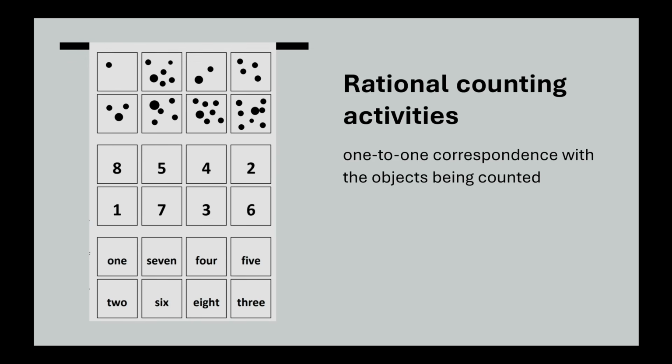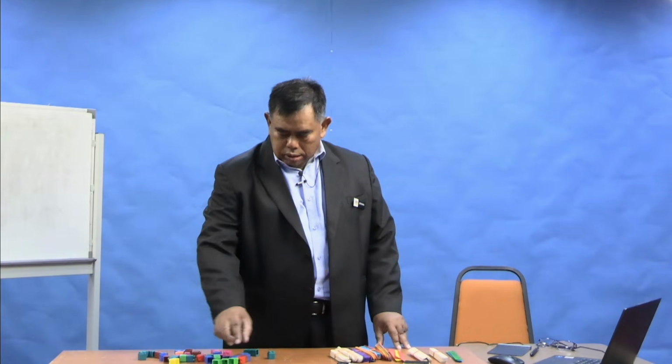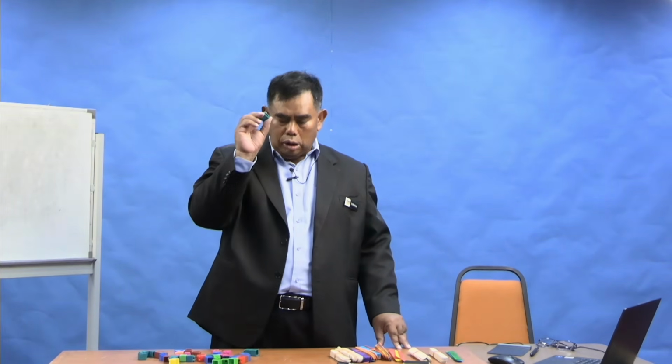These are a few activities we can introduce to the student to teach counting. The important thing is that counting is one-to-one correspondence. What is one-to-one correspondence? This one, I have only one.